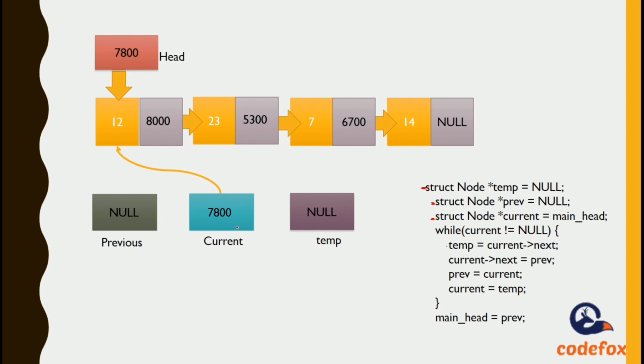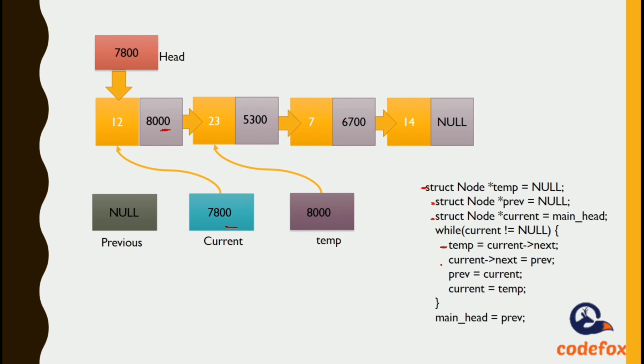Now, jumping to the first line of the loop, it says that temp is equal to current next. Okay, so current is this first node, and the next part is this 8000. So we'll replace temp with 8000, and this is the address of, yes, the second node, so it will now point towards the second node. Easy, right?